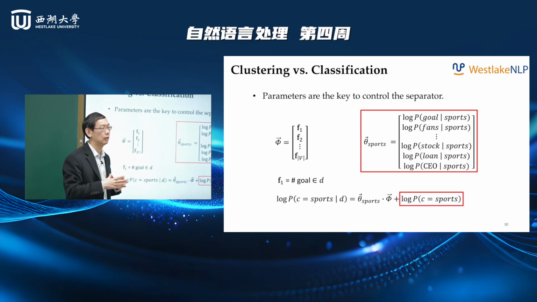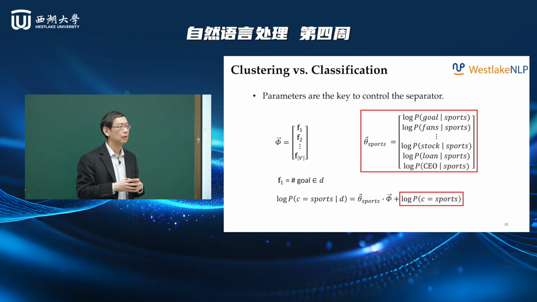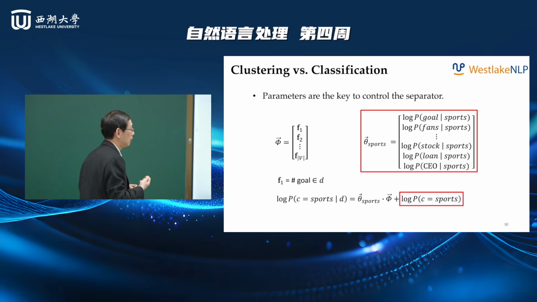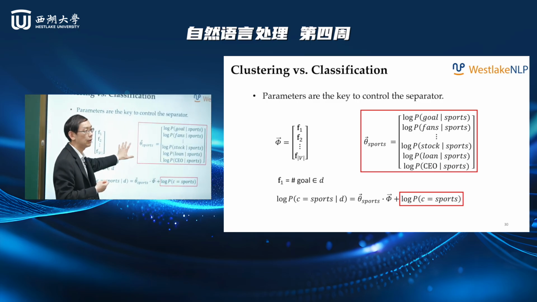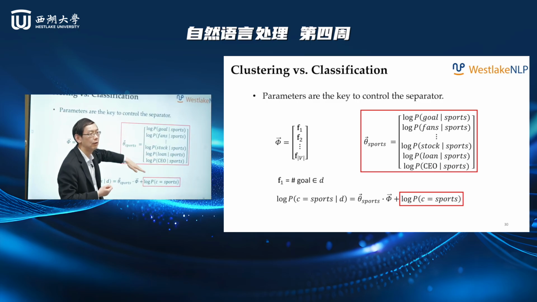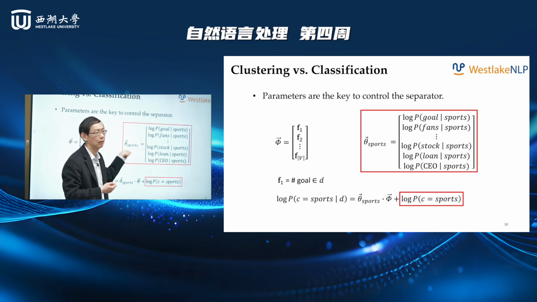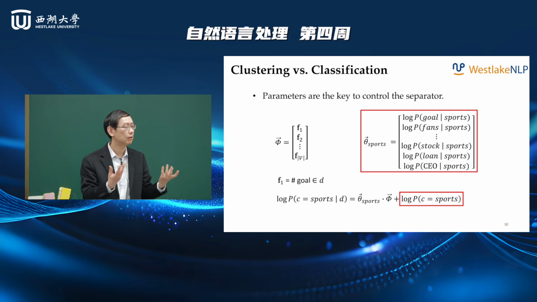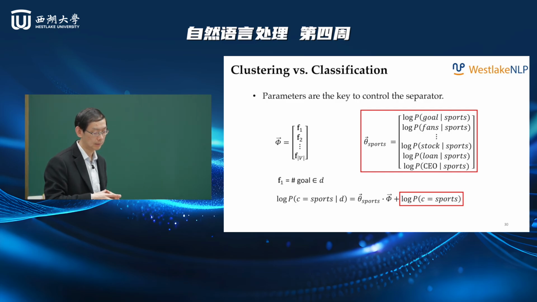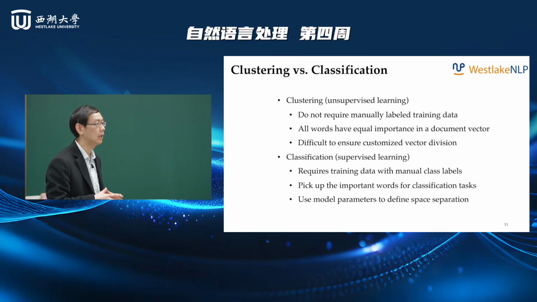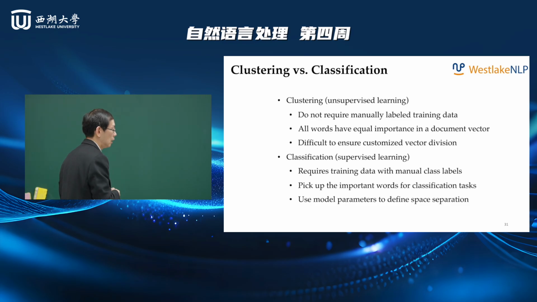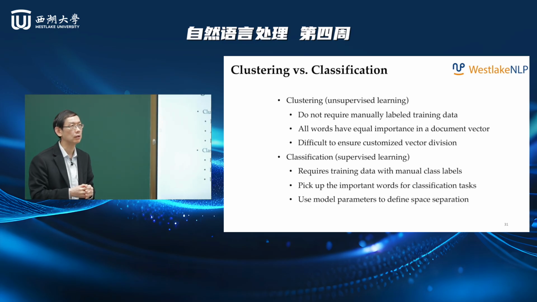You can think about it like that. You train every parameter, so it serves to define the hyperplane, how to cut my vector space. Without the parameters, you can only do clustering. But with parameters, you can do classification. So that's the basic idea between classification and clustering: you use parameters to control how to cut.